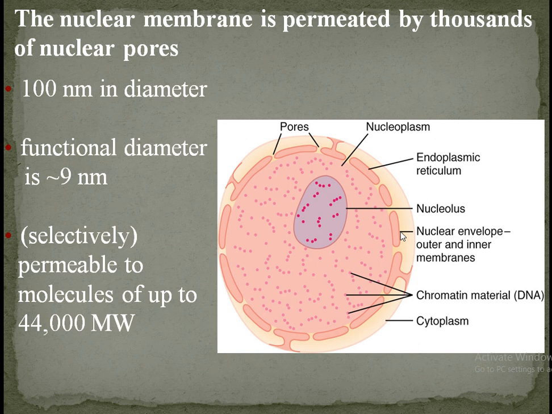The outer membrane is continuous with the endoplasmic reticulum of the cytoplasm, and the space between the two nuclear membranes is also continuous with the space inside the endoplasmic reticulum. The nuclear membrane is penetrated by several thousand nuclear pores, and large complexes of protein molecules are attached at the edges of these pores.